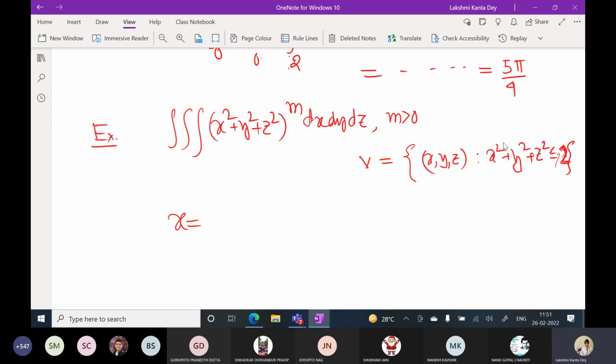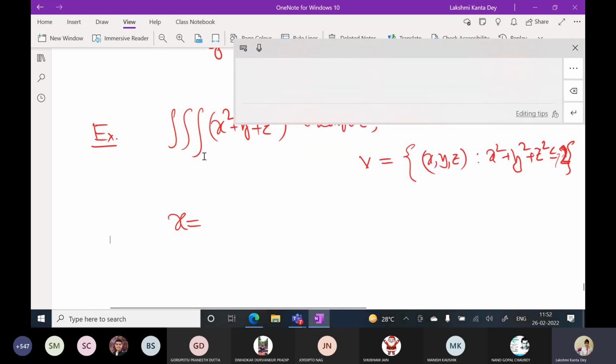So theta has the full rotation, that means 0 to 2 pi, and phi has the half rotation, 0 to pi. If you draw the picture, then it will be clear. So this is also easy, not difficult, so you can do it on your own.